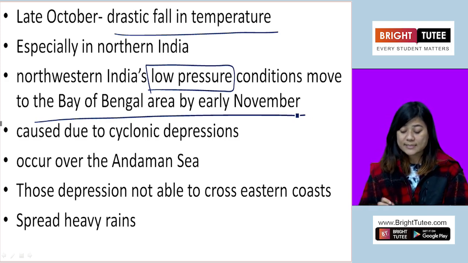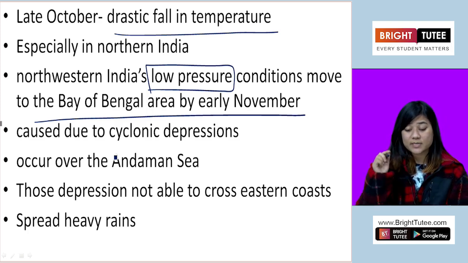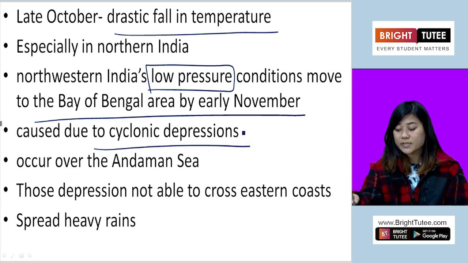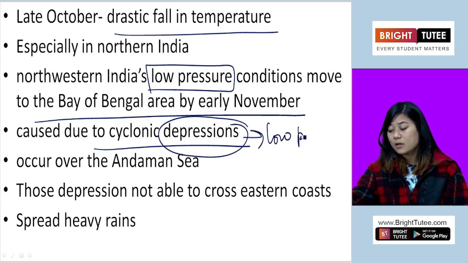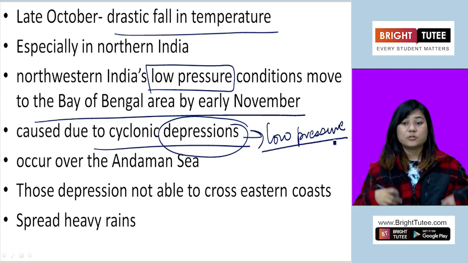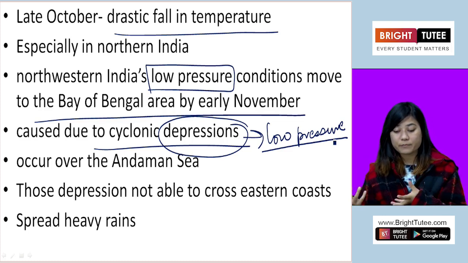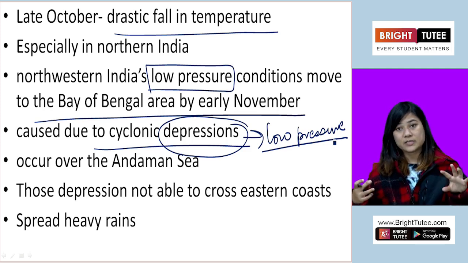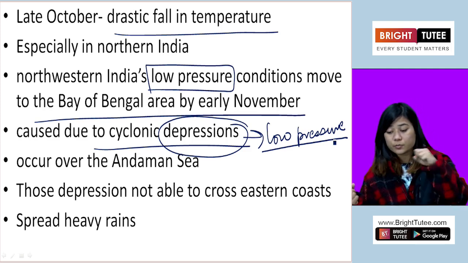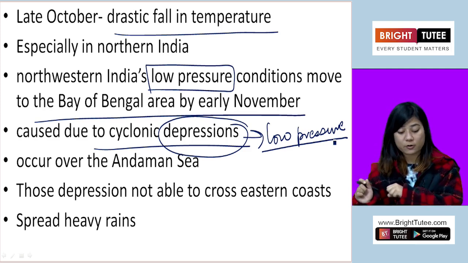And that movement is caused by the cyclonic depressions. Depressions are caused by low pressure development. So the low pressure development occurs in the Bay of Bengal. Now that attracts the wind in the northwestern part of India and it begins to move towards the cyclonic depression in the Bay of Bengal area.